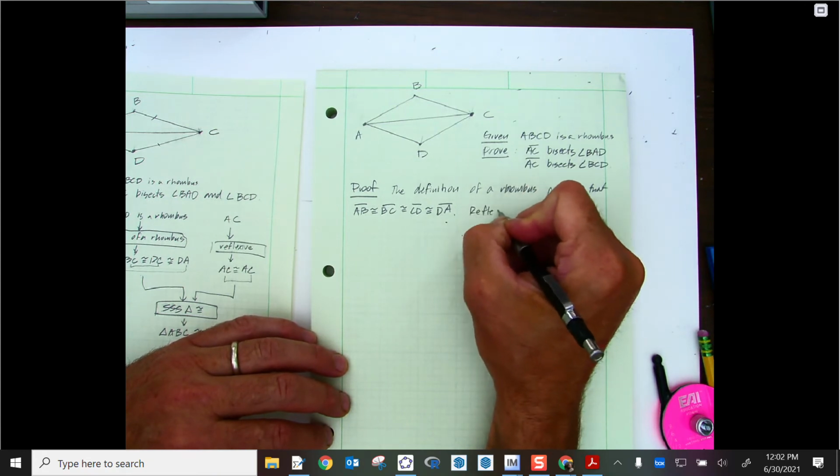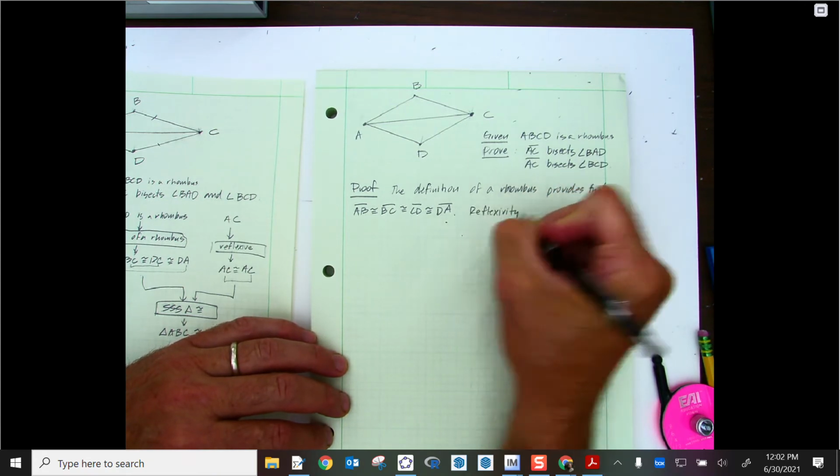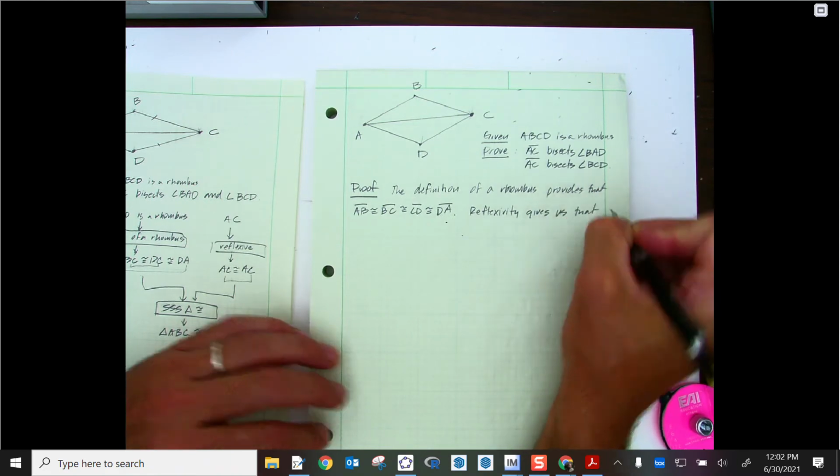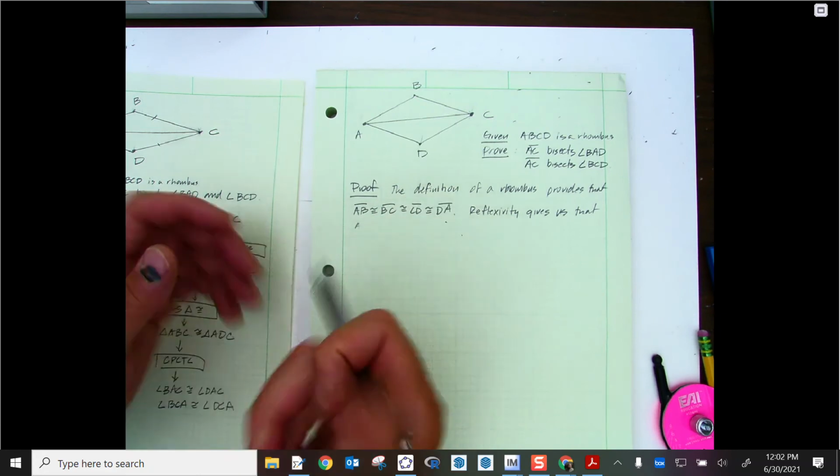Reflexivity gives us that AC is congruent to itself.